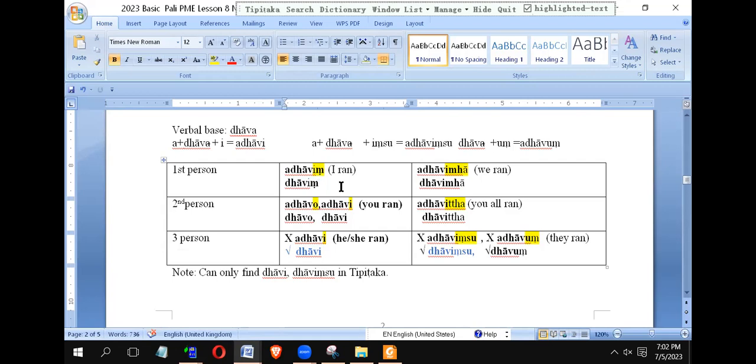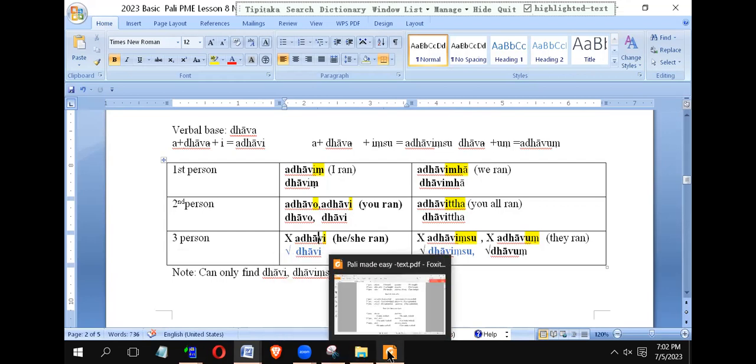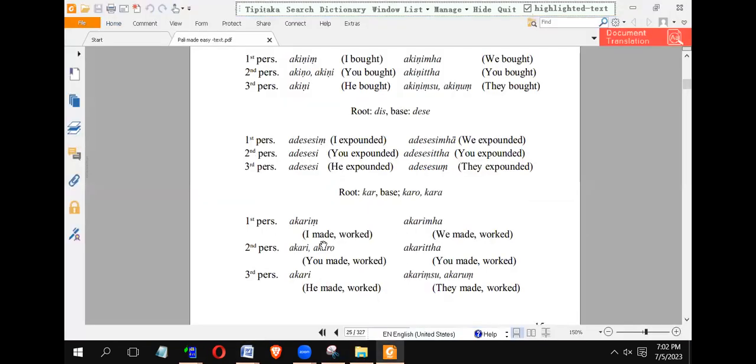That's why it is always a little bit difficult, because there are a lot of changes. Even when you see Pāli Made Easy, you can find here akari, karo with the O and E, but here is only the I sound. Here second person with the O and E. Adesisi is without O, right? You can see here adesimha with a long A, but here with a short A, right?